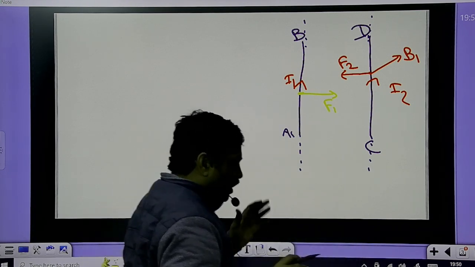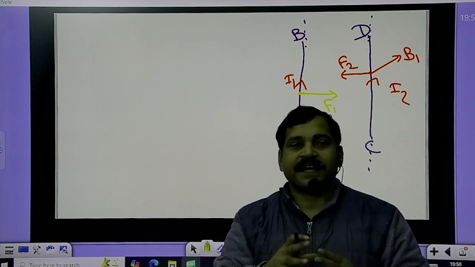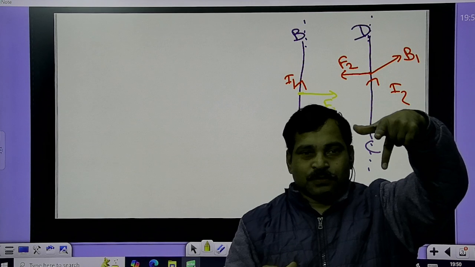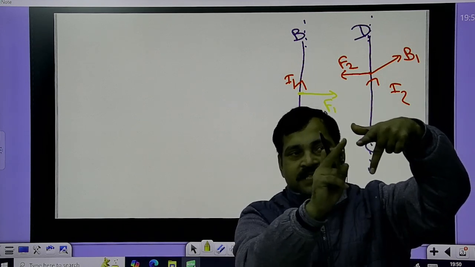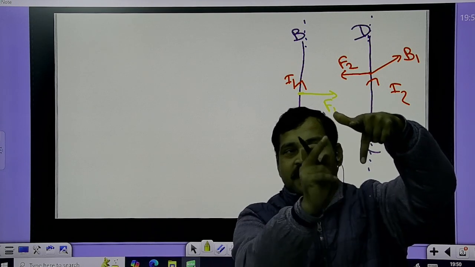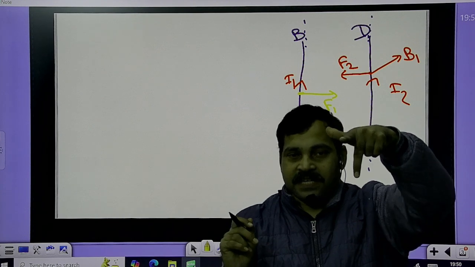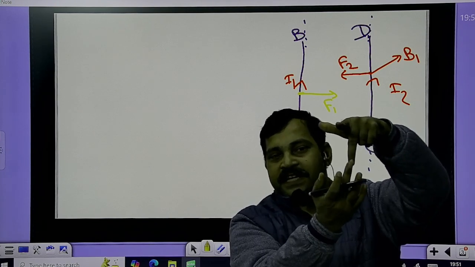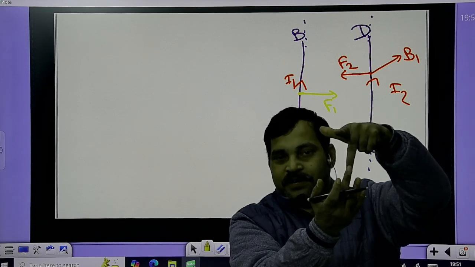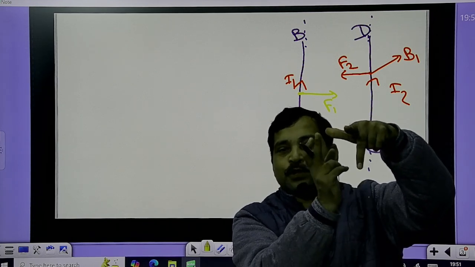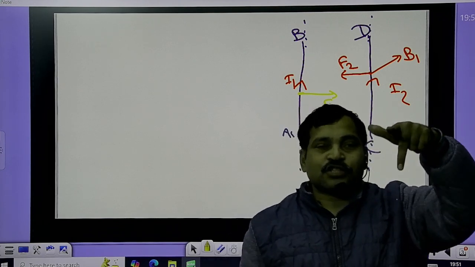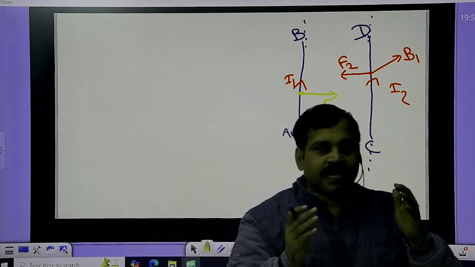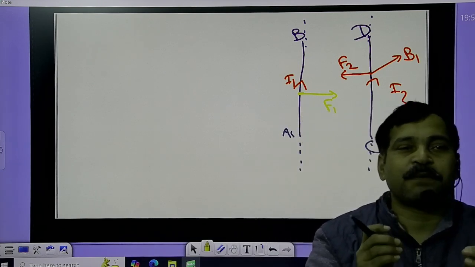We find the direction of this force F1 by using Fleming's left hand rule. Do you know what Fleming's left hand rule is? Suppose we stretch our thumb, first finger and central finger so that they are mutually perpendicular to each other. If the direction of the magnetic field is given by the first finger and the current direction is given by the central finger, then the direction of the force will be given by the thumb. We apply this rule to find the direction of the force acting on a current carrying conductor when placed in a magnetic field.